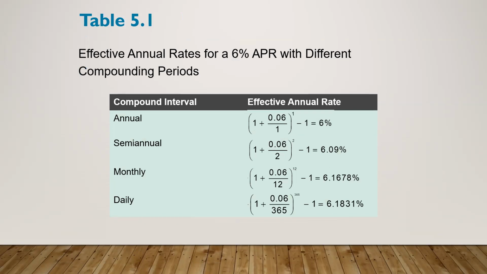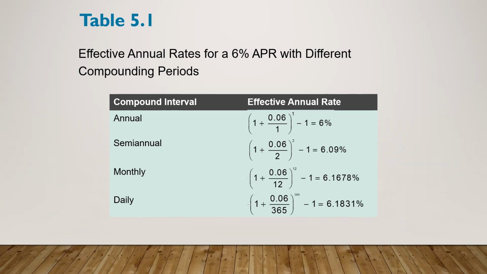Effective annual rates for a 6% APR with different compounding periods. So to the left, you see the compound interval, which are annual, semi-annual, monthly, and then daily. The effective annual rate for annual is (1 + 0.06/1)^1 minus 1, which will give you the 6%.